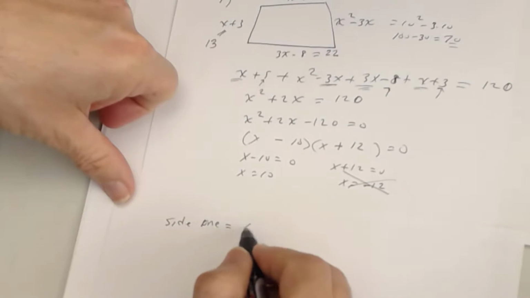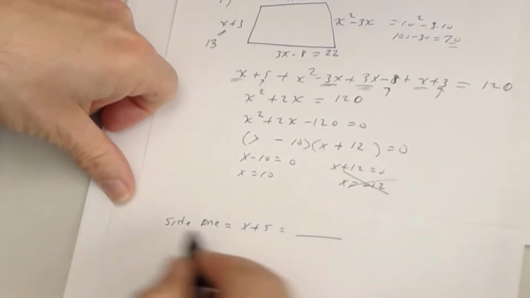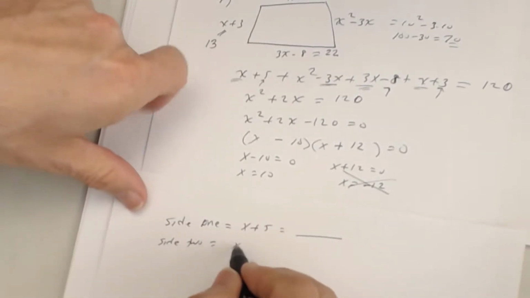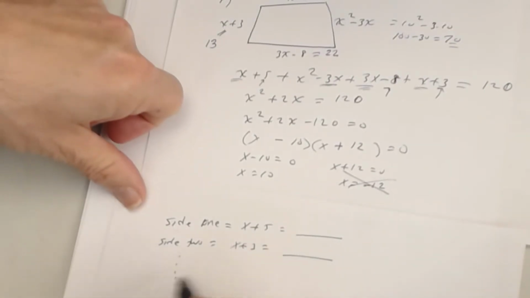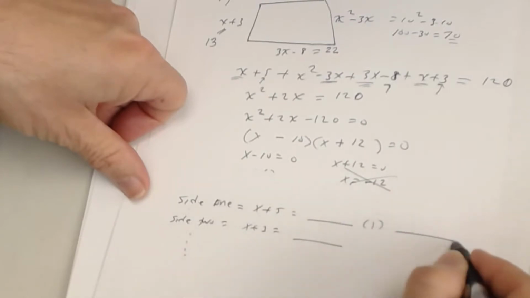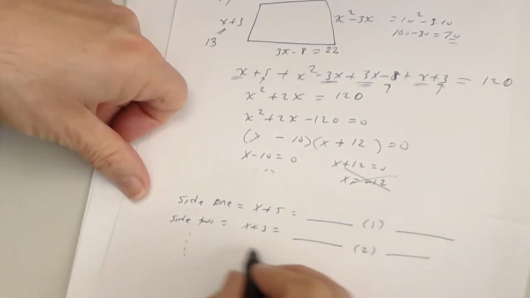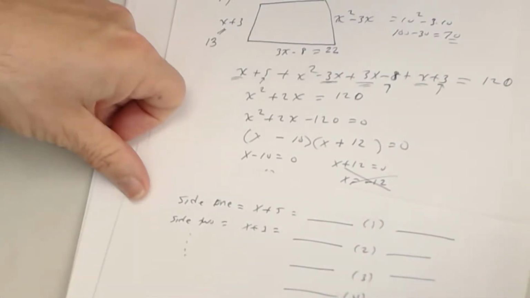Shoot. All right, then it'll write the expression x plus 5. And it'll say side 2 equals, and it'll do the next expression, x plus 3. And then so on, and then it'll have again 1, 2, 3, 4.